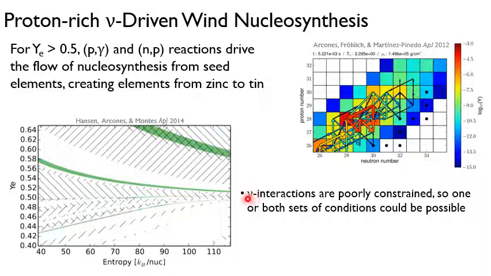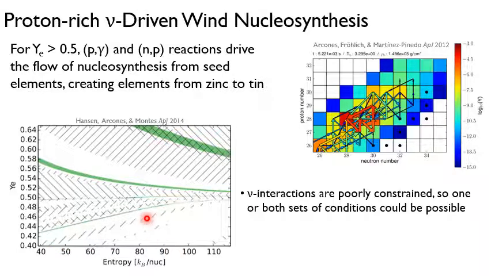Now, these neutrino matter interactions are poorly constrained, so we don't know whether the wind is proton-rich or neutron-rich, or maybe both are possible, depending on your explosion details. So for instance, your progenitor mass. Some studies have tried to track down which could explain it. This is one such study. So you have a phase space that they modeled in terms of the electron fraction, so whether it's proton-rich or neutron-rich, and the entropy, so this is your ratio of neutrons or protons to seed nuclei.